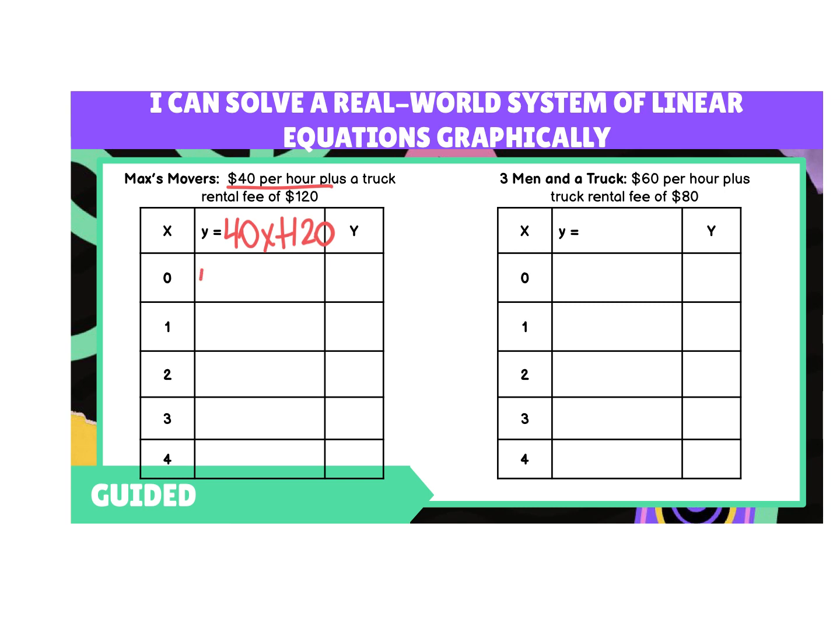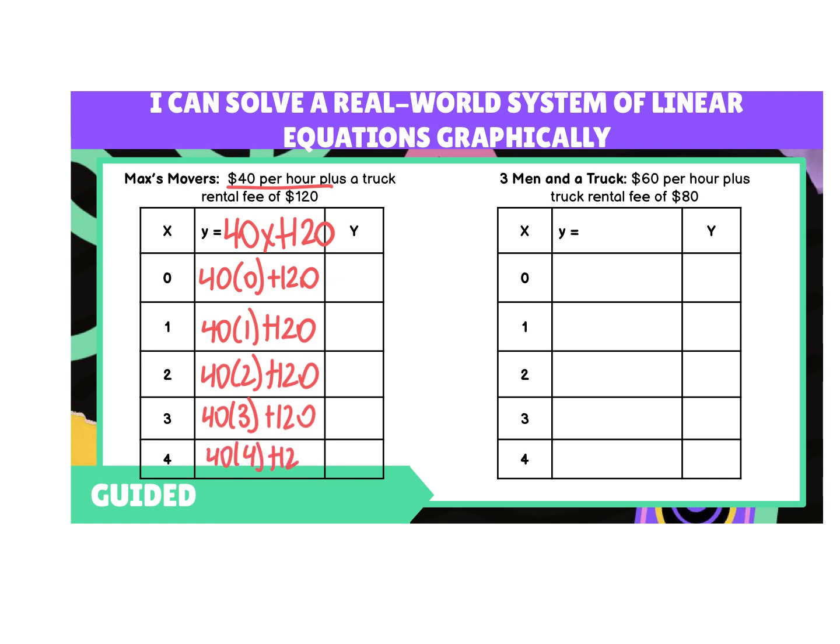So 40 parentheses 0 plus 120. 40 parentheses 1 plus 120. You guys continue on. It's not hard. 40 parentheses 2 plus 120. Just be sure that you're using the value that they're giving you for x.